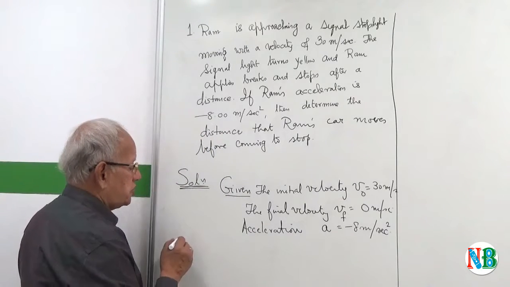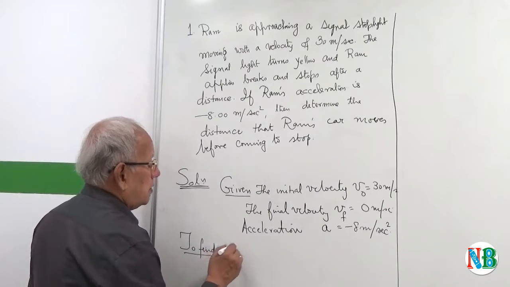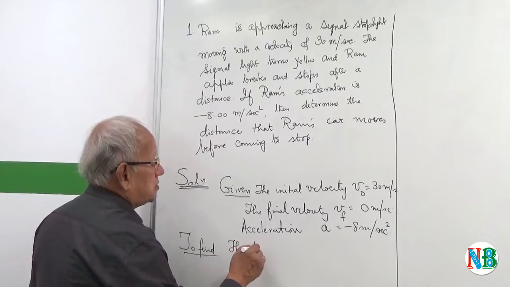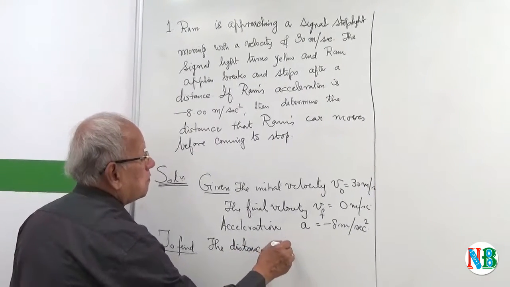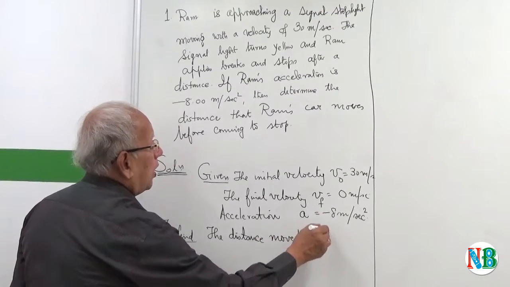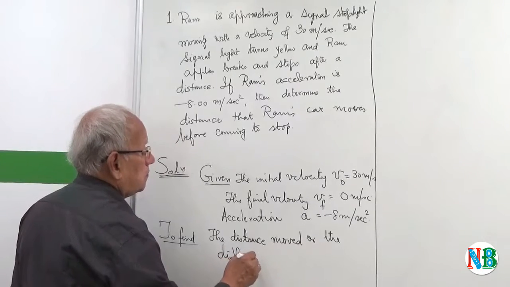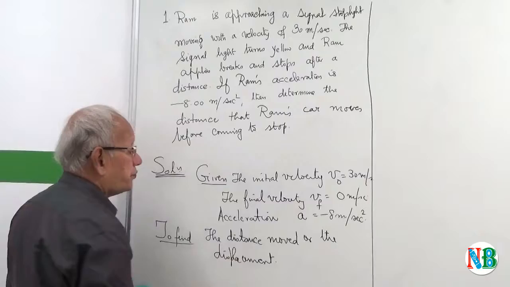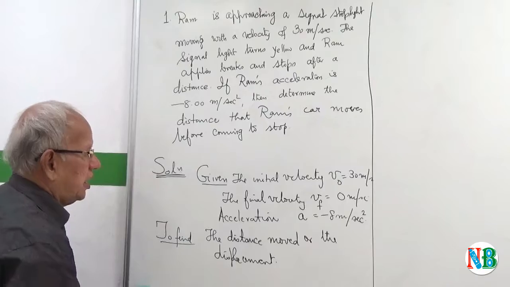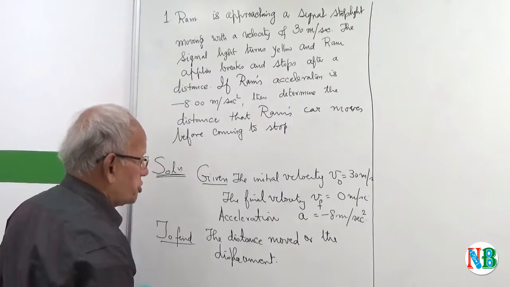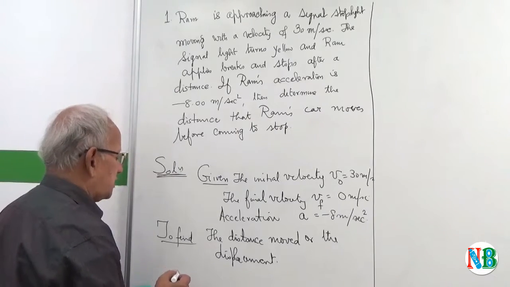And the question is, you are asked to find the distance moved, or the displacement. Now we have to recall the corresponding kinematic equation of motion. You are given the initial velocity, final velocity, acceleration.